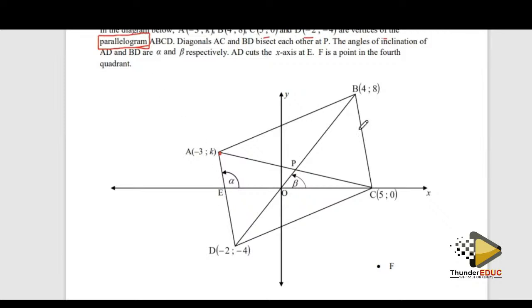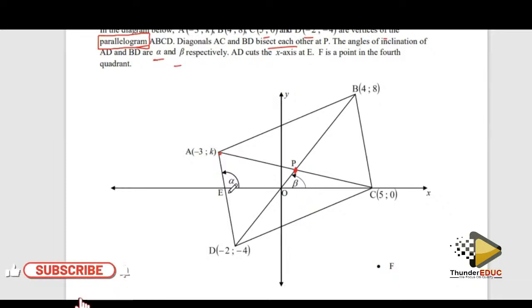We know the opposite sides are parallel, opposite sides are equal, but what is very important is that the diagonals bisect each other. In other words, the midpoint of this diagonal is the same midpoint of that other diagonal. So the diagonals do bisect at P, and then the angles of inclination of AB are alpha and beta, respectively.